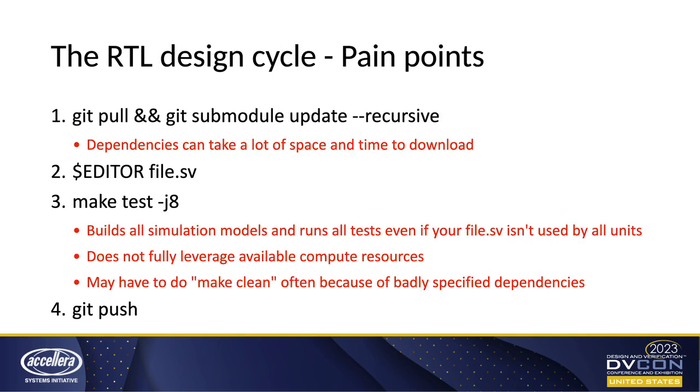Let me just go over some of the pain points that I've experienced with this flow. The git submodule update. Say you're working on a large design, you may have more than a few direct dependencies, and some of those dependencies might be third parties, some of them might be from within the company, and then each of those dependencies might have more dependencies.